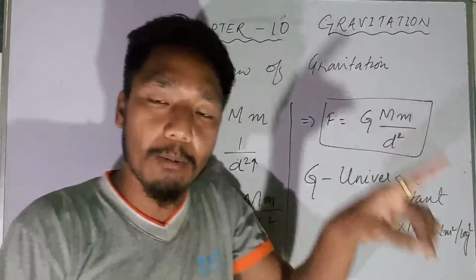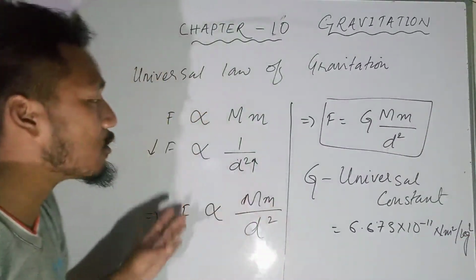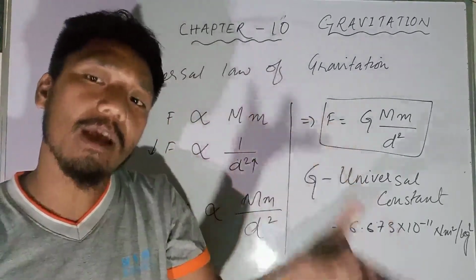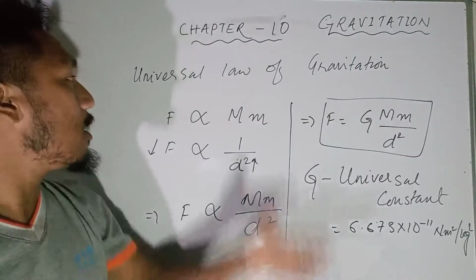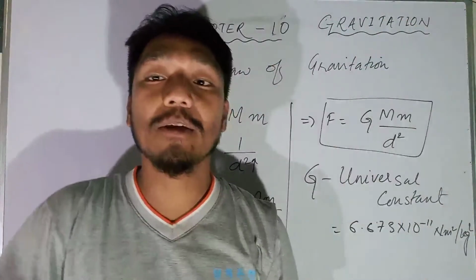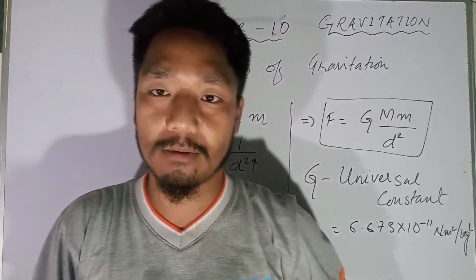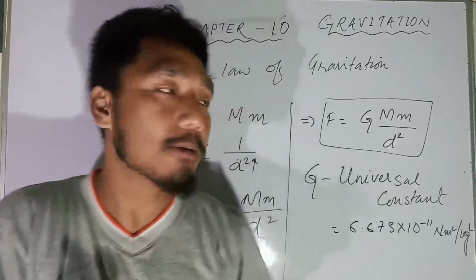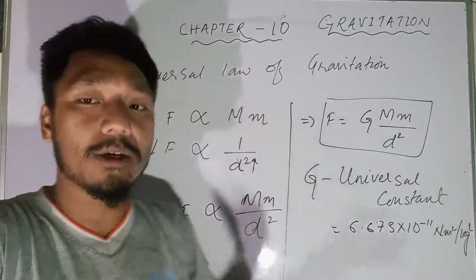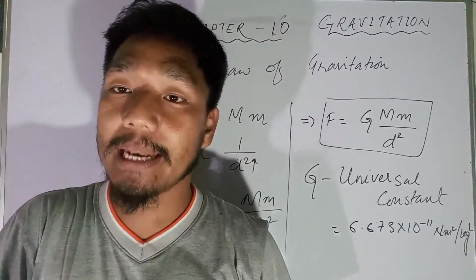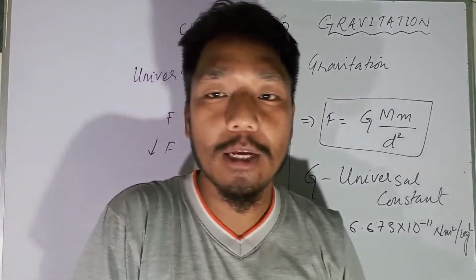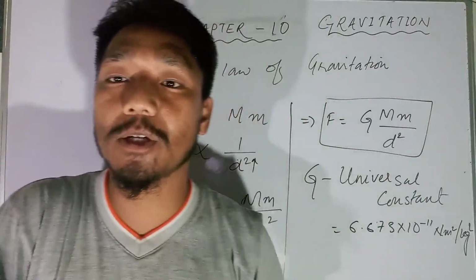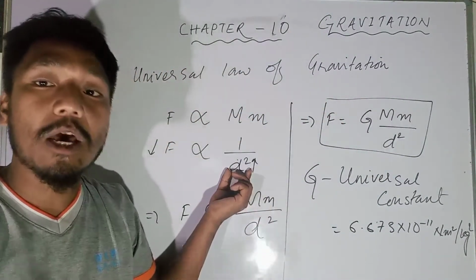The force is directly proportional to the product of the two masses, and inversely proportional to the square of the distance between the two objects.